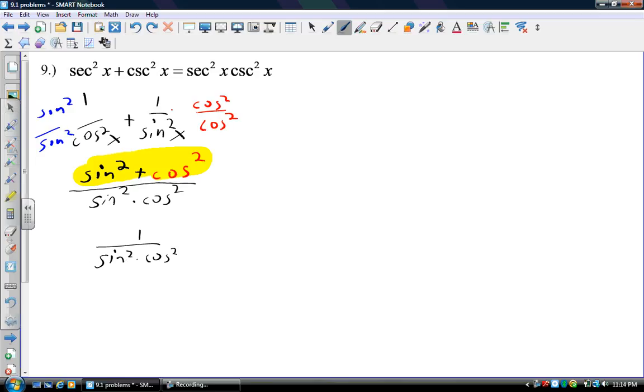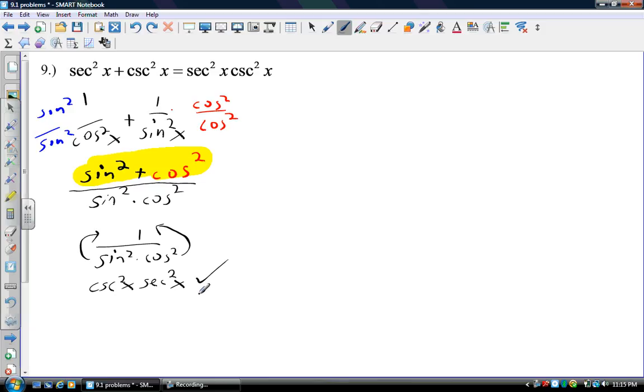If I were to try to flip them up, it'd be doing the reciprocal. When I flip sine squared up, it is cosecant squared. When I flip cosine squared up, it is secant squared. Which, obviously, we know that it doesn't matter what order since we're multiplying.